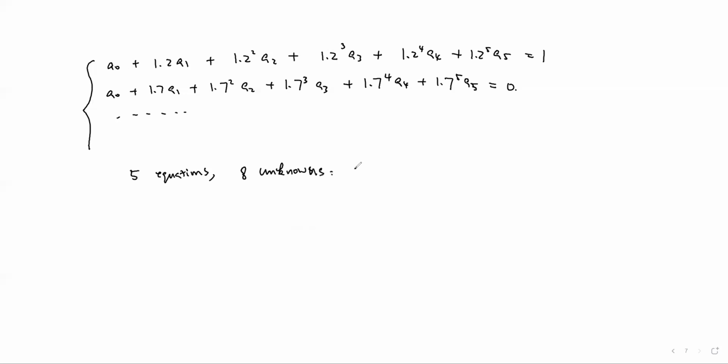A0, A1 to A5 are unknowns, then B1, B2 are unknowns. So in total, 8 unknowns. So this linear system has infinitely many solutions.